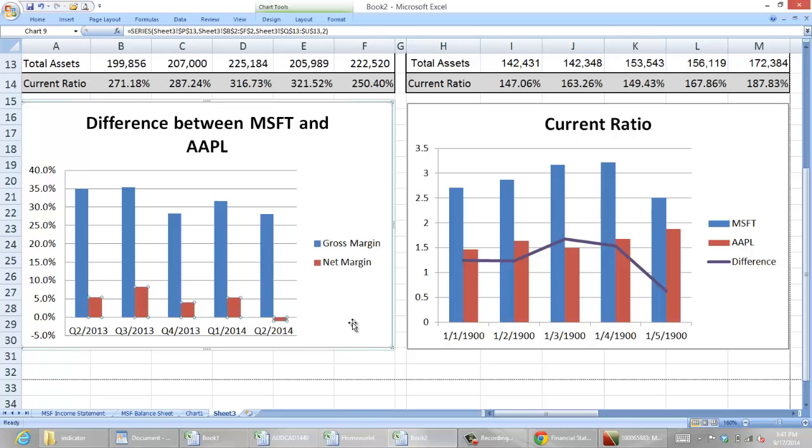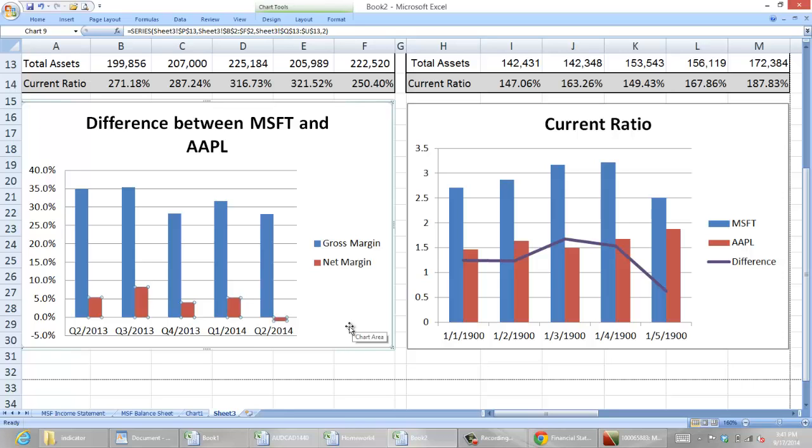And especially in the most recent quarter of 14, it is really bad. So using a ratio to compare the performance of the firm over time is one way. Comparing the performance of a firm with other similar firms is another way to use the ratio.